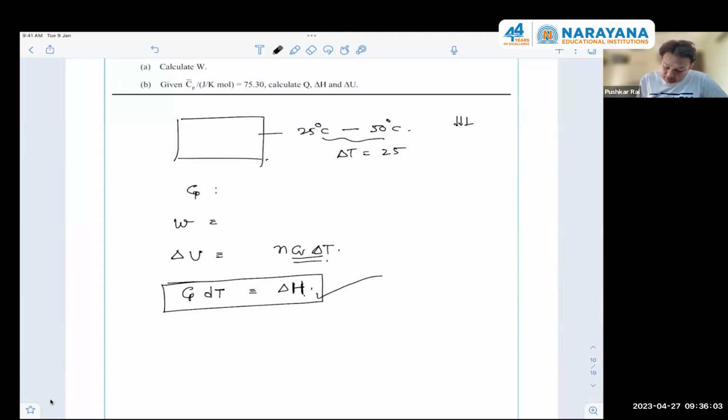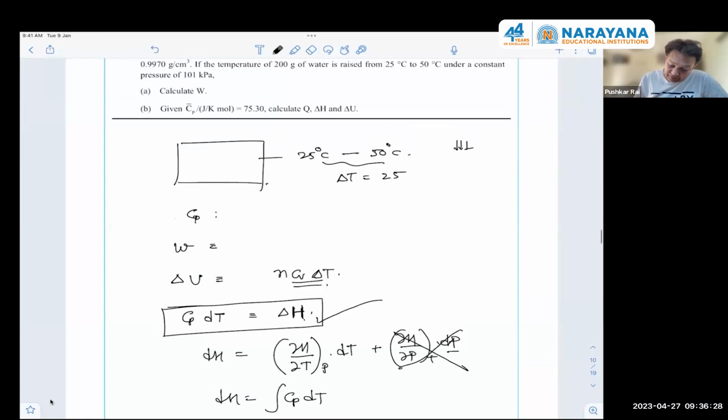This is true. Why? Because we know dH is equal to (del H by del T) at constant P into dT plus (del H by del P) at constant T into dP. Now if dP is zero, then this is going to vanish. So dH is equal to Cp dT.